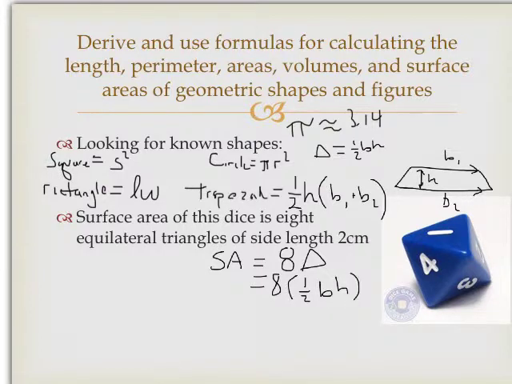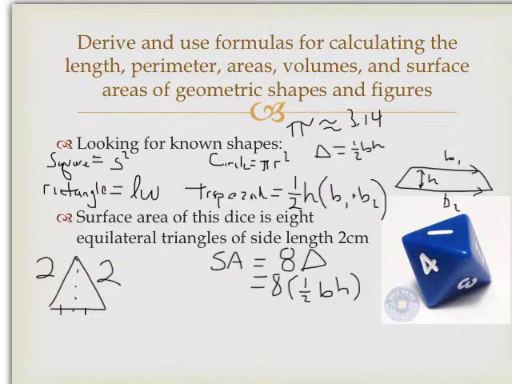Okay, so we need to figure out what is the base, what is the height of this triangle. Well, all of my side lengths are 2, so this is 2 and 2. Property about isosceles triangles: because these sides are the same, 2 and 2, this height is actually going to bisect the side that it's drawn to.